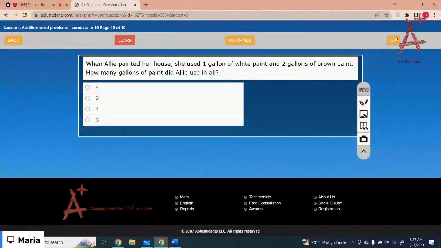So 2 plus 1 makes 3. That means the total gallons she used is 3.